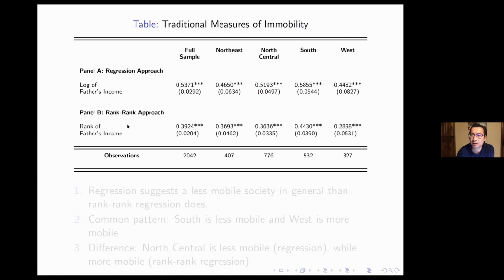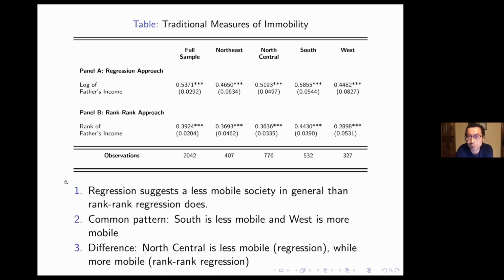In some areas, for the West, you can see it is much lower compared to other areas. So the regression results suggest a less mobile society in general than rank regression does. From these traditional measures, we typically think the South is less mobile and the West is more mobile. But immediately you can see the difference: for North Central, in terms of relative position, it really depends on which method you use.